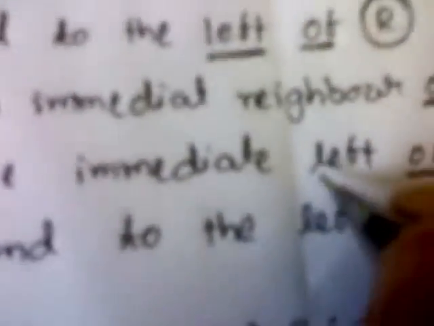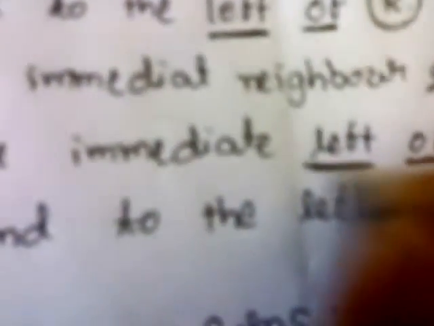Now here again it says left, so we will move in a clockwise direction from P, and it is immediate left of P means this. So T will be here, and in this circle we'll move in a clockwise direction, immediate left of P, T will be here.